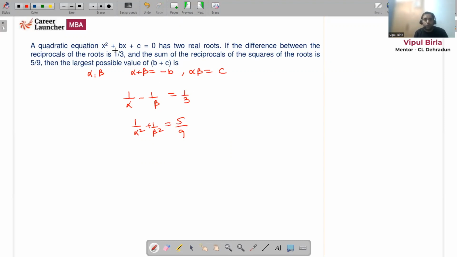Okay. So 1 upon alpha minus 1 upon beta is this, which implies beta minus alpha upon alpha beta equals 1 by 3, or it implies beta minus alpha equals alpha beta by 3, which is C by 3. Right.